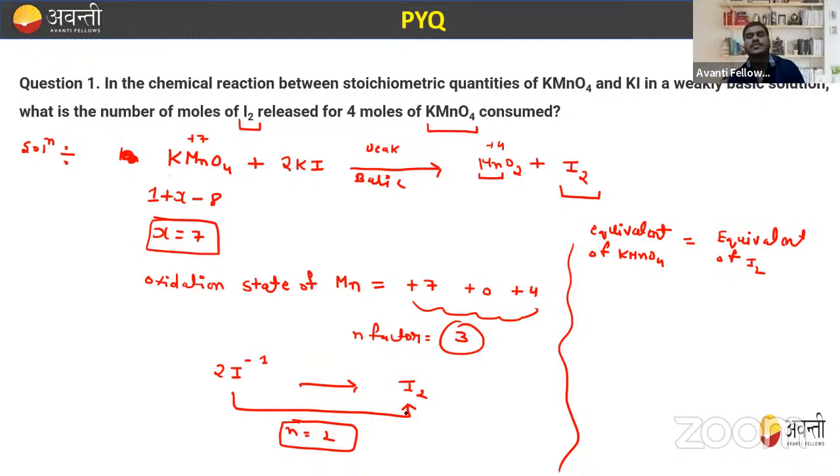How will you calculate this, beta? Tell me, what is the equivalent of this? We know that equivalents is nothing but n factor into the number of moles. So this is n factor into number of moles.